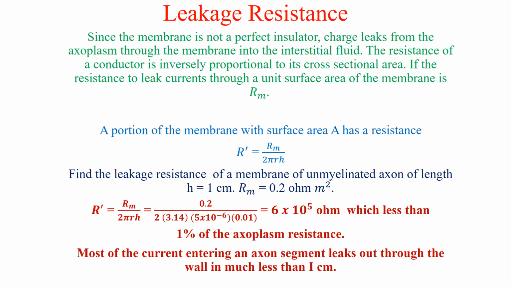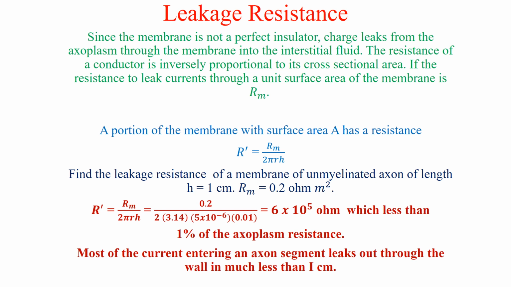So it's 0.2 over 2 times 3.14 times 5 times 10 to minus 6 times 0.01. In this case you will get 6 times 10 to 5 ohm, which is less than 1% of the axoplasm resistance that we calculated and found to be 2.5 times 10 to 8 ohm.